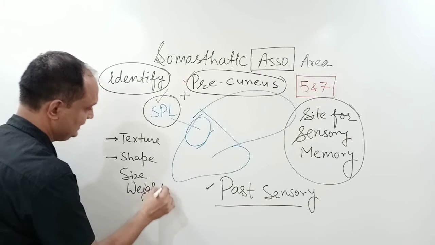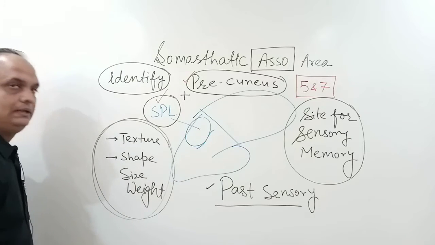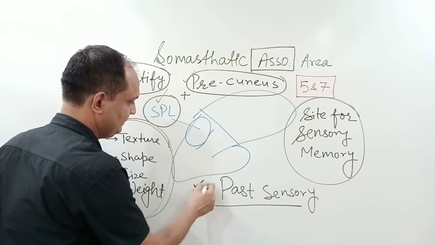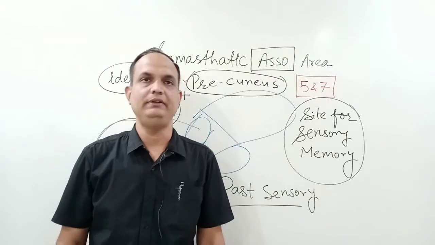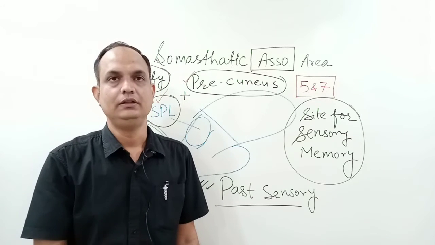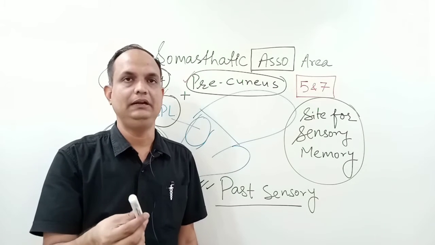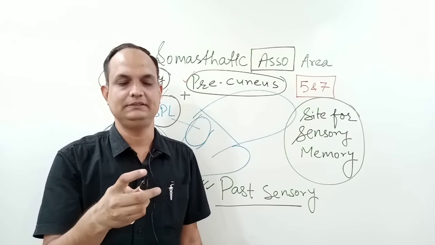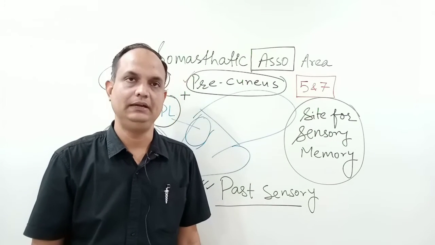All these things are possible to identify because you had them in your hand in the past. If I ask you to close your eyes and give you a coin, you are able to say, sir, this is a coin. If I give a pen in your hand, you can go to the tip and realize this is the tip, so it is a pen. Or if you have a mobile in your hand.